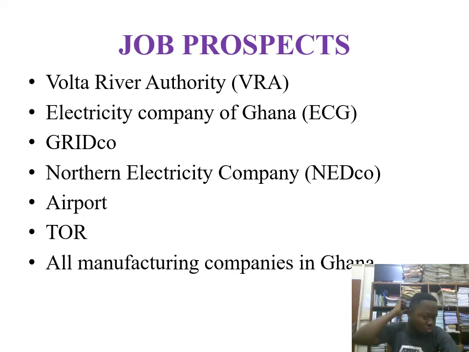So if the student goes through the 4 modules successfully, he would be able to work with the Volta River Authority, where he will be in charge of power generation. We also have the Bui Power Authority. Students can work in Asogli, and in the Navrongo Solar Farm. Almost all the generation stations in Ghana, students will be able to work there with a high level of competence.